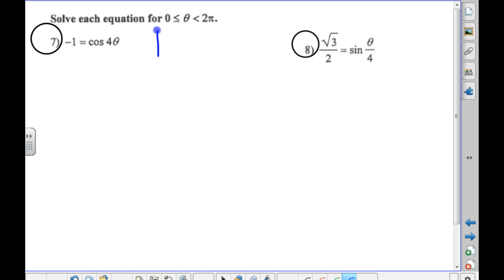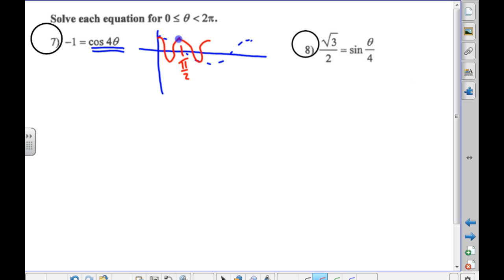We could actually probably do this one with just thinking about the graph. A cosine graph starts up here and finishes by 2 pi. But this one has a period of what? What's 2 pi over 4? Pi over 2. Okay, so this one finishes once by pi over 2.